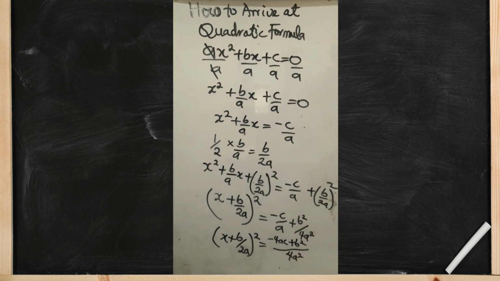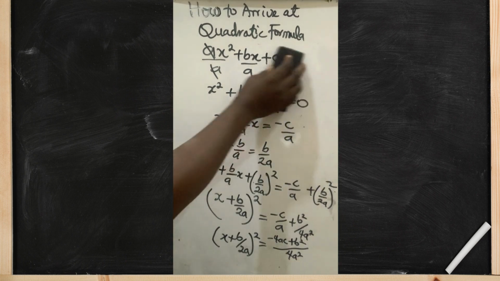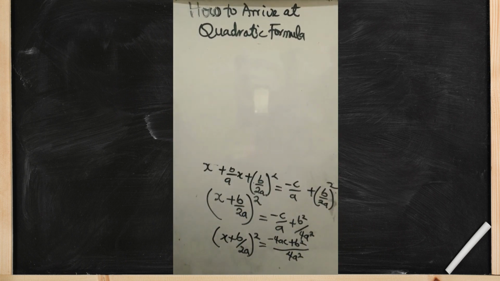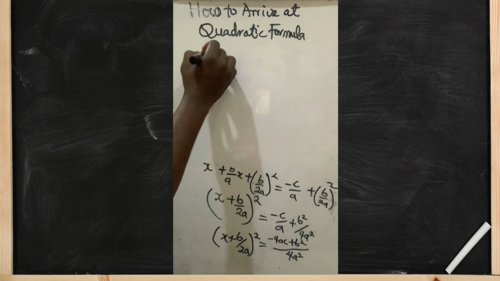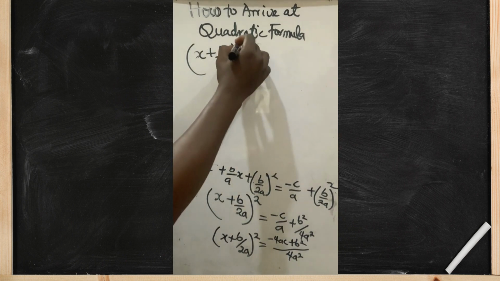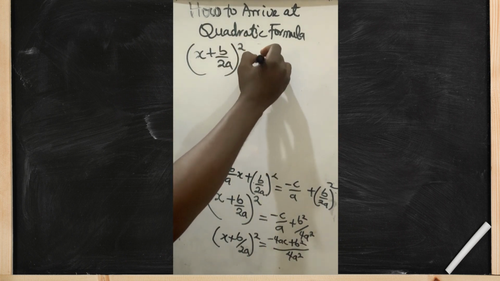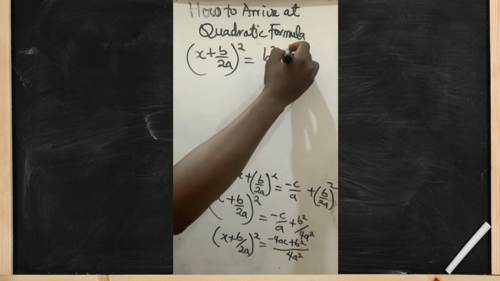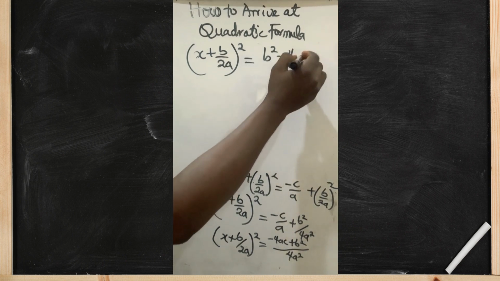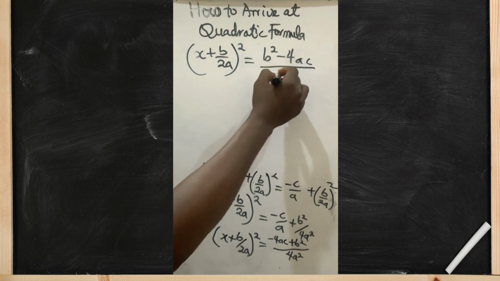Now that we are having this, it can be rewritten as x plus b over 2a squared equals b squared minus 4ac over 4a squared.